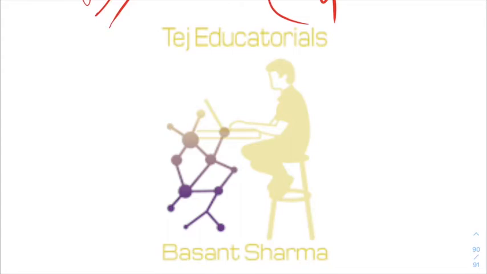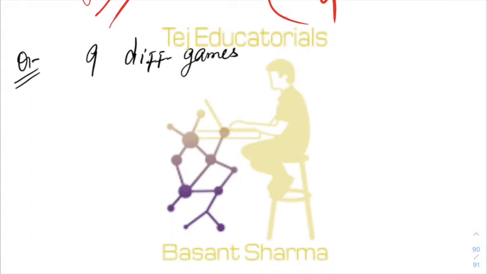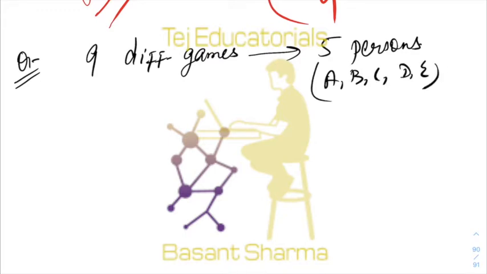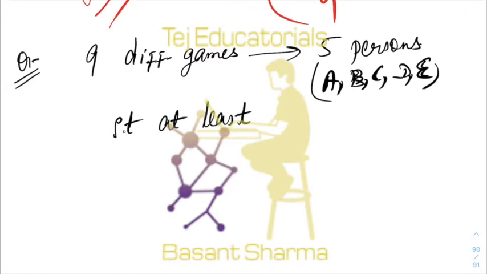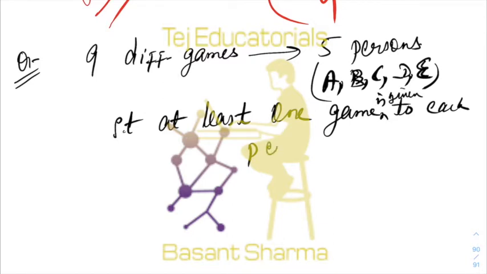Now the next question is, you have 9 different games, and they are to be distributed amongst 5 persons, let's say A, B, C, D, E, such that at least one game is given to each person.